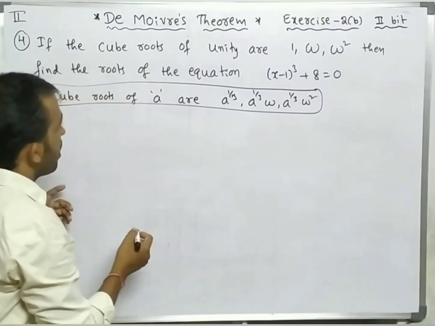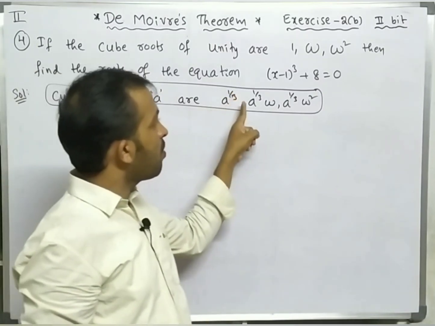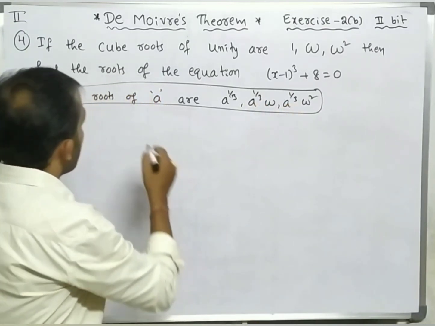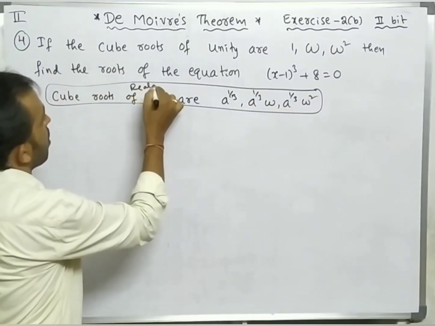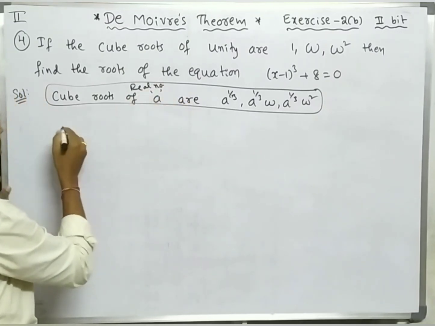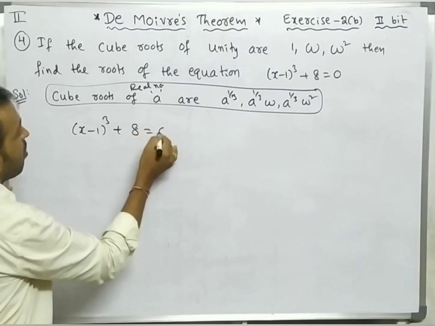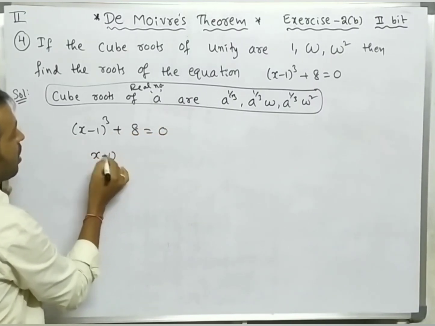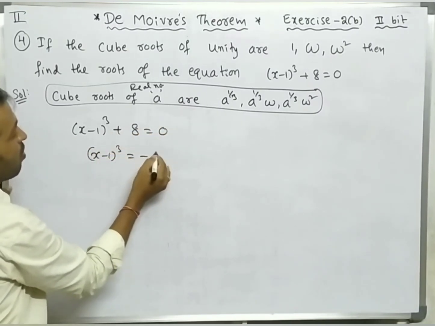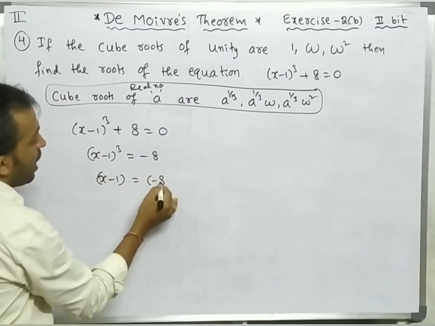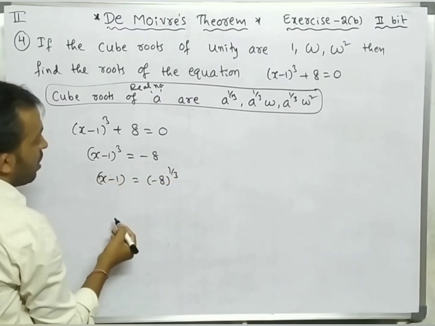The cube roots of a real number a are a power 1 by 3, a power 1 by 3 omega, a power 1 by 3 omega square. Now the given equation is x minus 1 whole cube plus 8 is equal to 0. That can be written as x minus 1 whole cube is equal to minus 8. So from this, x minus 1 is equal to minus 8 whole power 1 by 3.